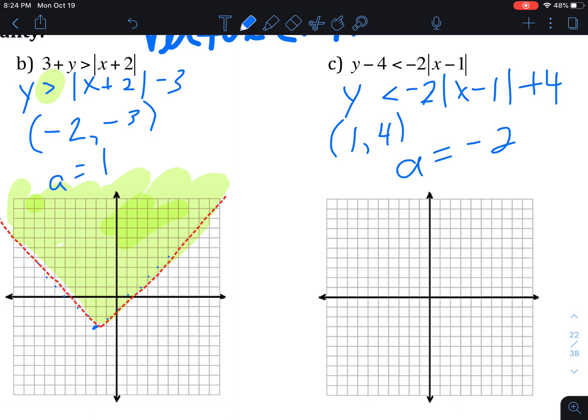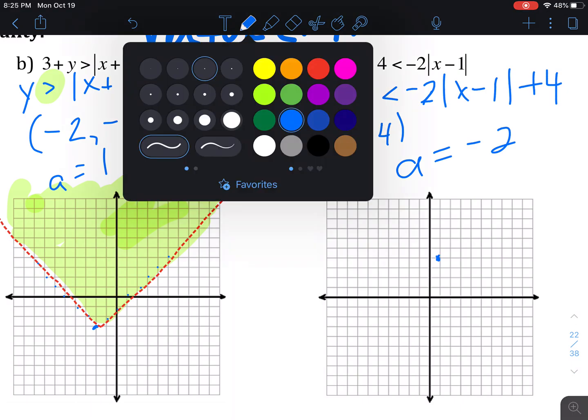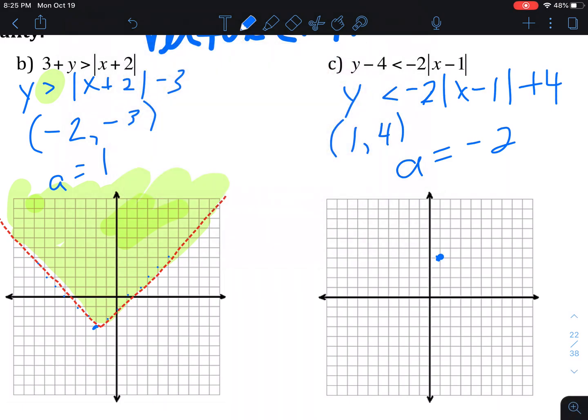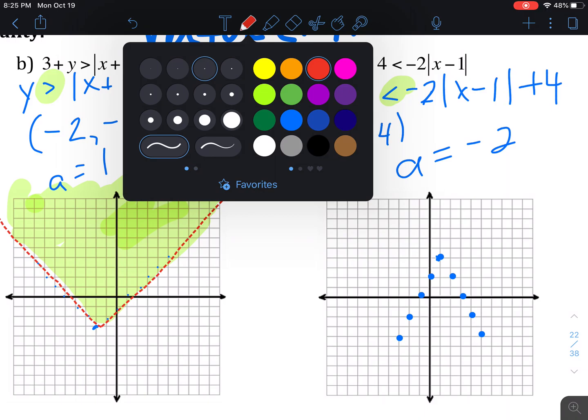So (1, 4). And be careful, since the A is -2, we're going to go down 2 over 1. Down 2 for every over 1, in both directions from the vertex. Down 2 right 1, down 2 left 1. All right, so there's our V. We have a less than, so we are going to have a dotted line, a dashed line.